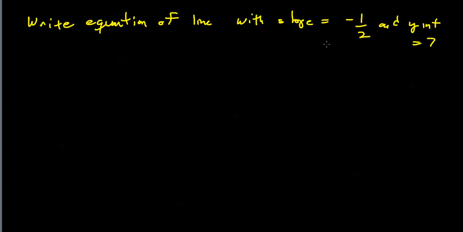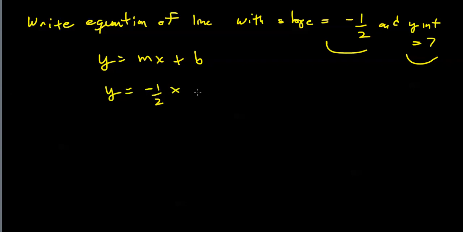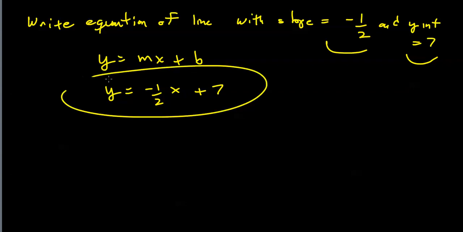Well, this is a breeze now, because you're given the slope and you're given the y-intercept, and all you've got to do in slope-intercept form is substitute in the slope and substitute in the y-intercept, and you're done. Almost couldn't be easier.